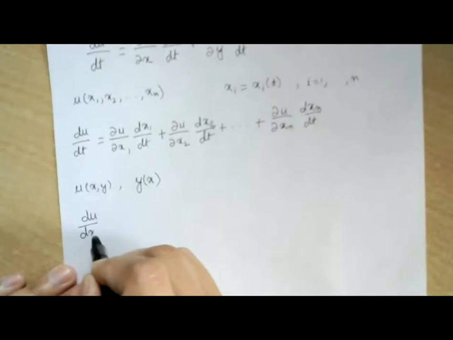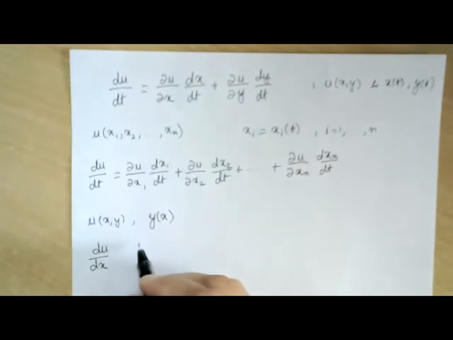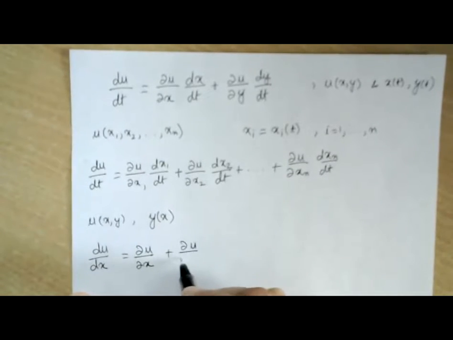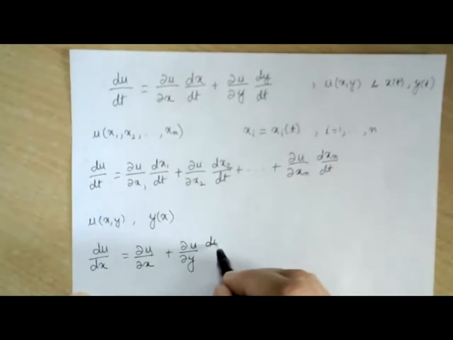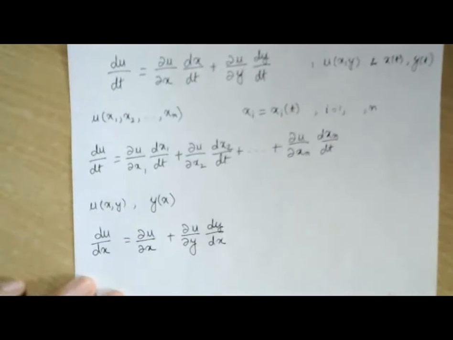From this expression, we get du by dx equal to del u by del x plus del u by del y, dy by dx. Last time we obtained up to this expression.